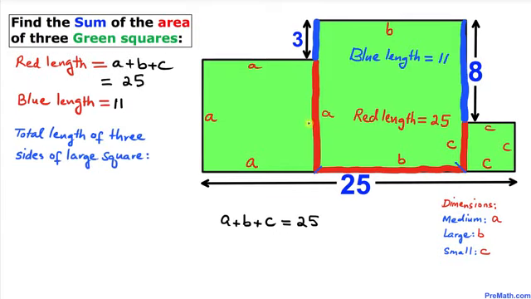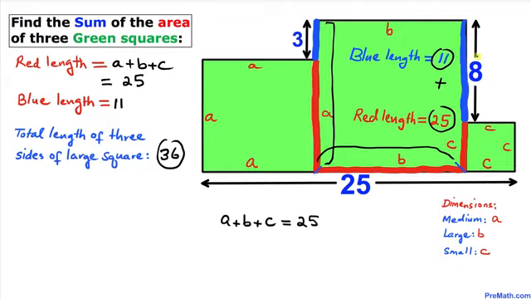So the total length of these three sides of this large square is going to be 11 plus 25, which gives us 36. So once again, these three sides give us 36.